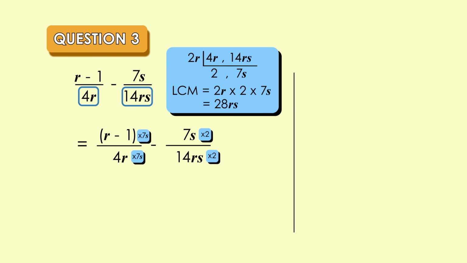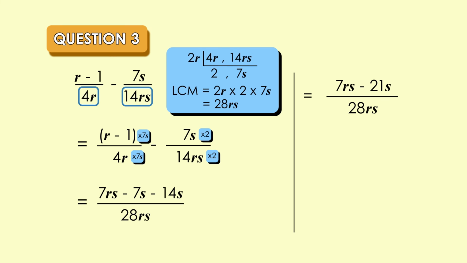For the numerator, r minus 1 multiplied by 7s equals 7rs minus 7s. Then 7s multiplied by 2 equals 14s. We can simplify negative 7s minus 14s equals negative 21s. Hence, the expression is 7rs minus 21s over 28rs.